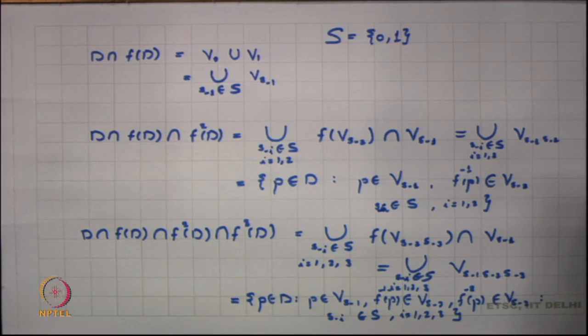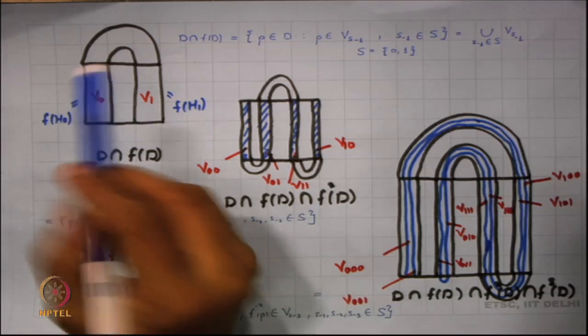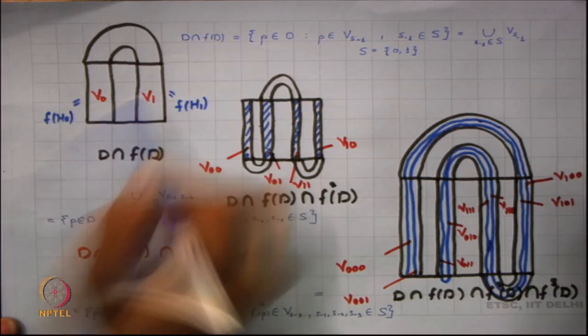Now, if you recall, we had seen this figure last time, so I am just trying to recall this once again. Let us look at our action of F. We had seen that D intersection F of D is V_0 and V_1.